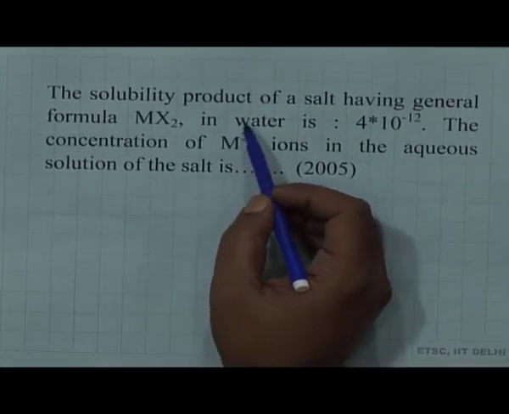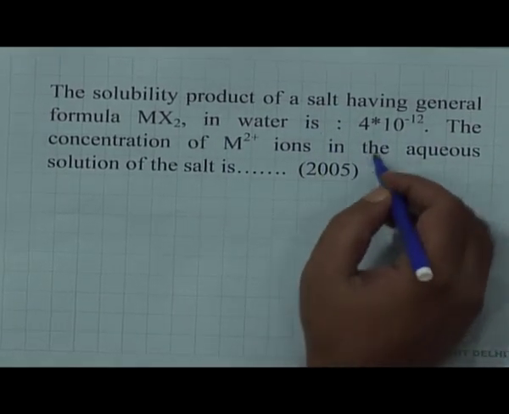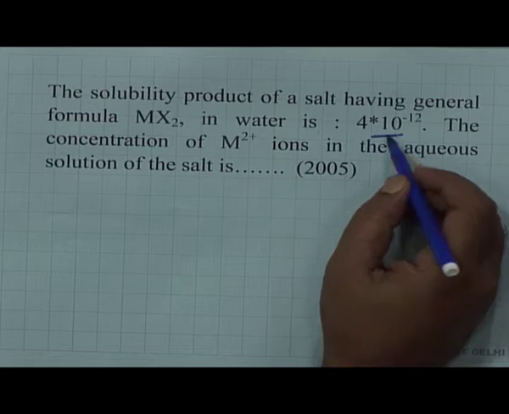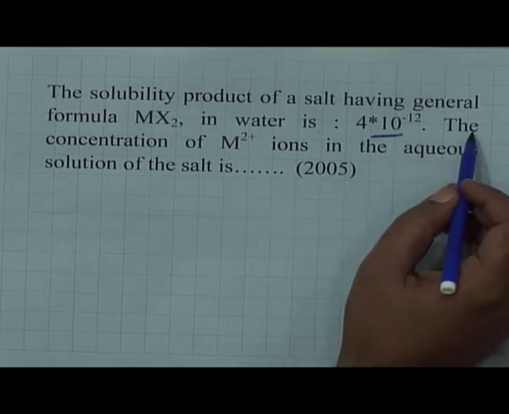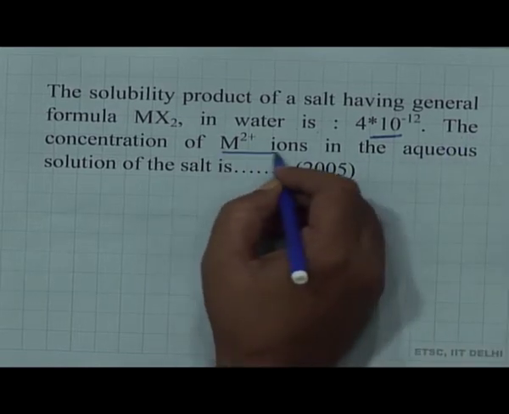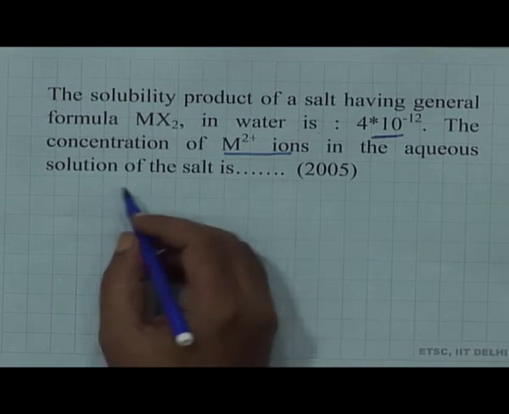Now, see this question: solubility product of a salt having this general formula is given. In this case solubility product is given, and what you need to do is calculate the concentration of ions in an aqueous solution of the salt.